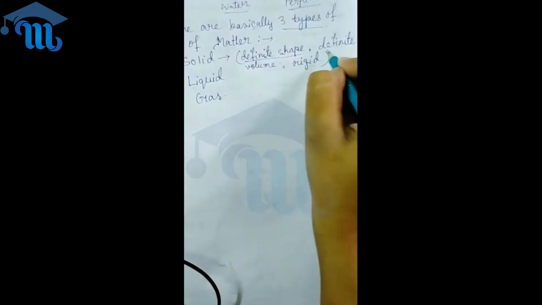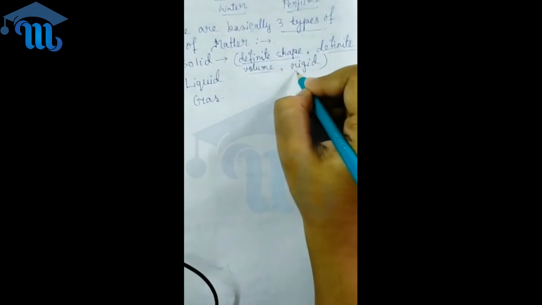So what are the points? Definite shape, definite volume, and all the solid substances are rigid.